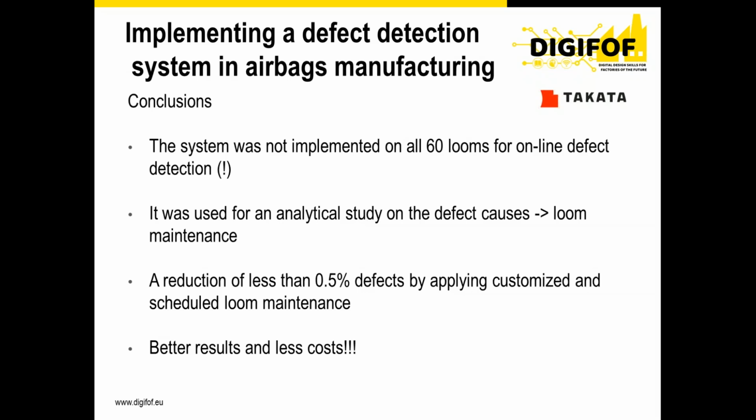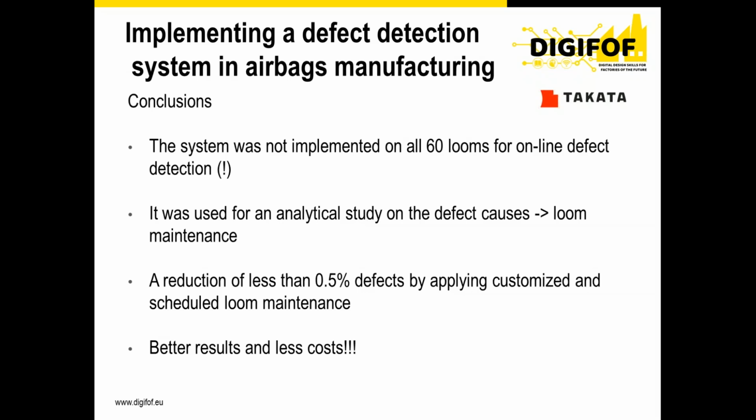They tried to change the maintenance schedule of the looms, because the looms need to be maintained on a schedule provided by Toyota, the producer of the looms, but they actually found out that they need to change the schedule in order to reduce the number of defects.